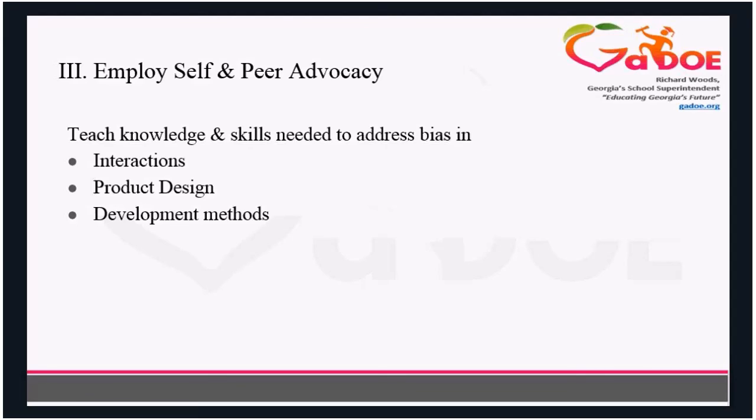Just spend a day going into the classroom with this perspective in mind, watching how the students interact in the projects, the products that they're designing computationally, and the development methods that they use to create these products, that you're thinking about bias along the way.